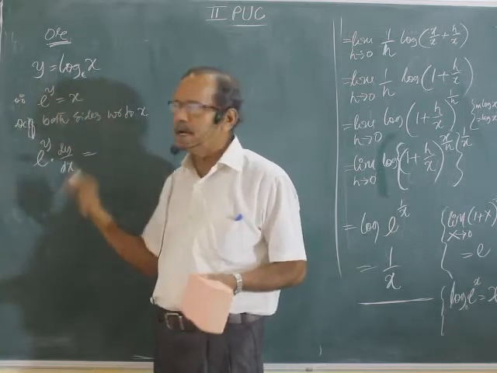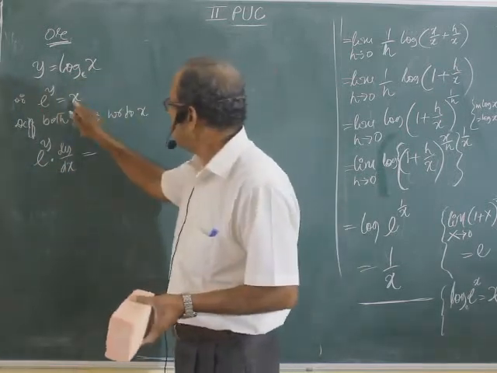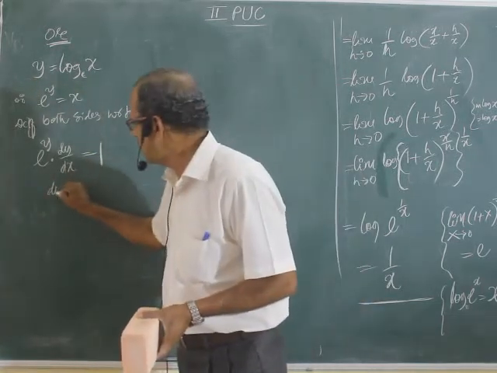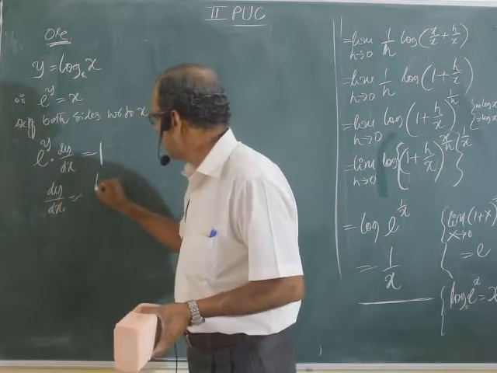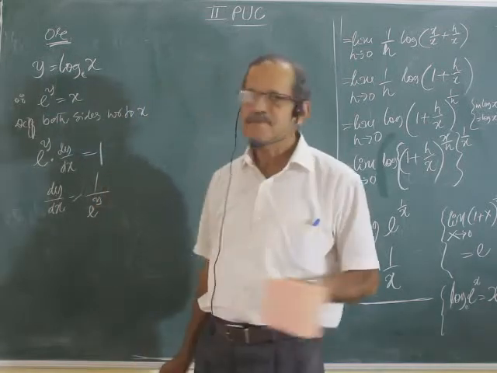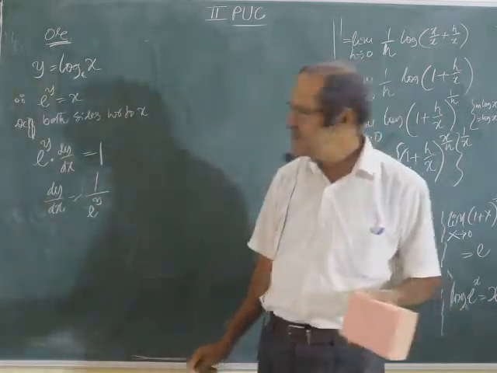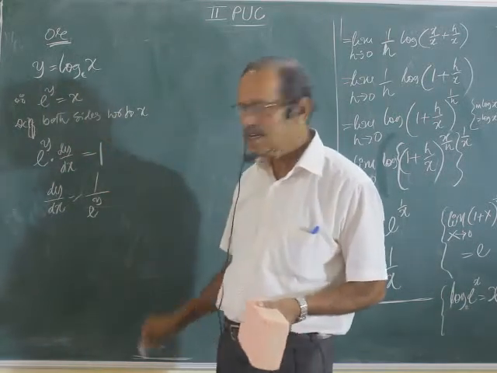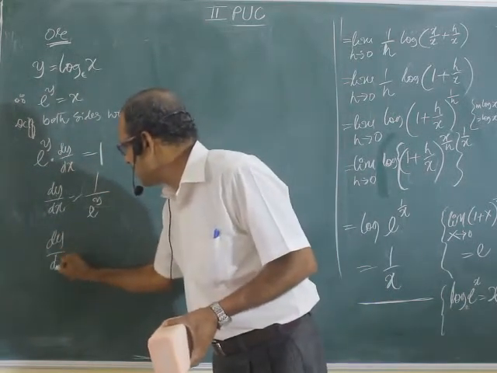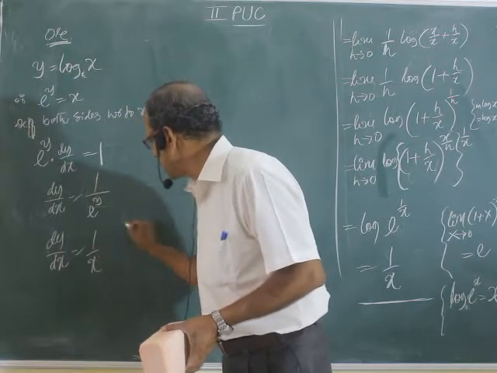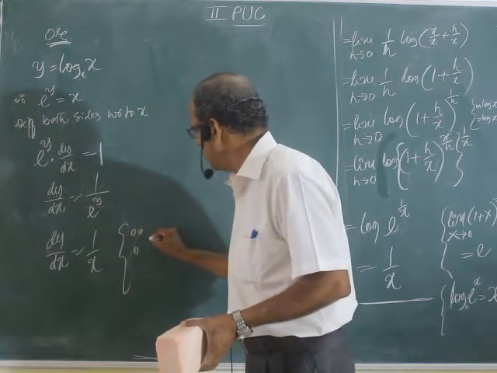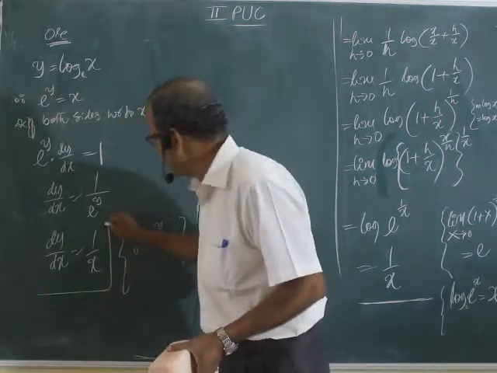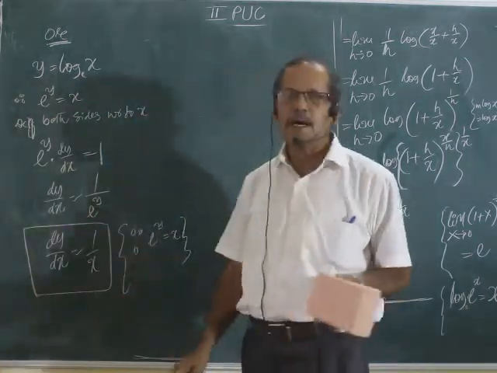Derivative of y is dy by dx. Derivative of x is 1, or dy by dx equal to 1 by e to the power y. But what about e to the power y? e to the power y is x. So dy by dx equal to 1 by x because e to the power y equal to x. Therefore, the derivative of log x is 1 by x.